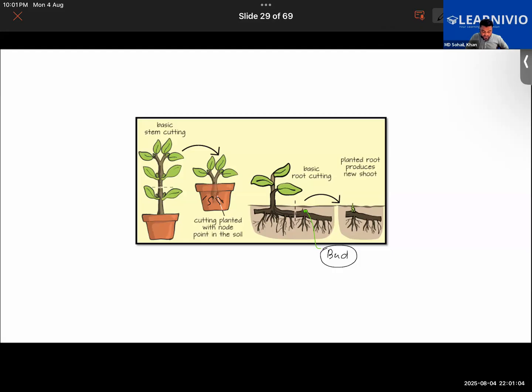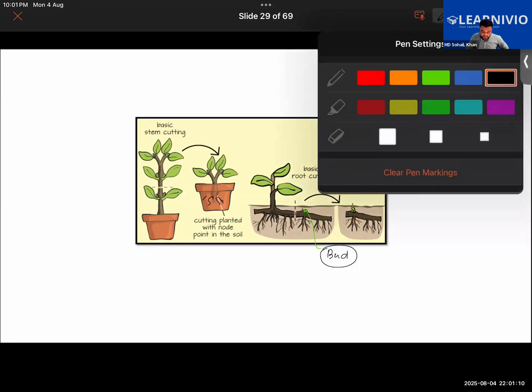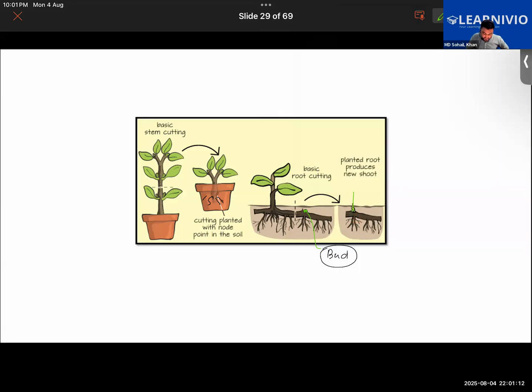So you have taken a cutting of the root. Now the bud will start to grow, and a new plant will later grow from that bud. So not only from the stem cutting, but even from the root cutting, new plants can be grown. But not in every plant. Is that much clear to everyone? Yes, sir.